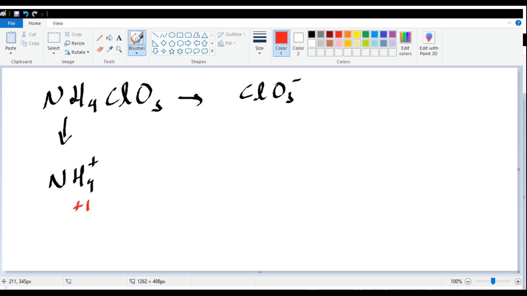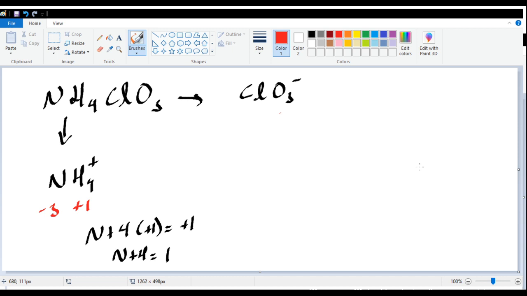So looking at the ammonium, hydrogen is +1. So nitrogen plus our 4 hydrogens equals +1. Nitrogen plus 4 equals 1. So nitrogen is equal to -3.